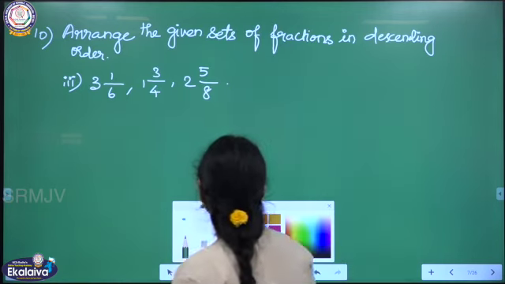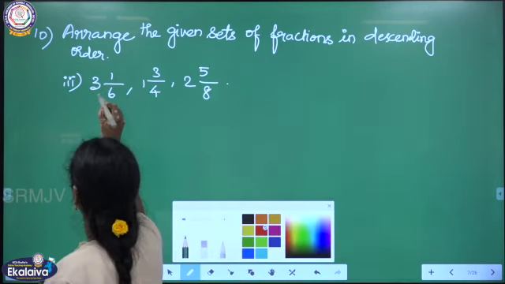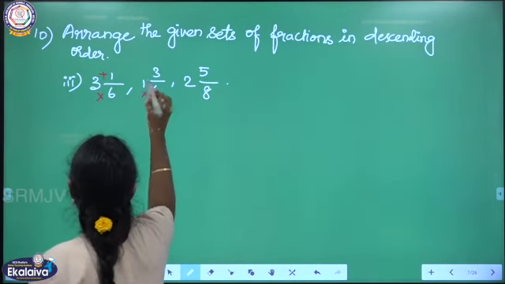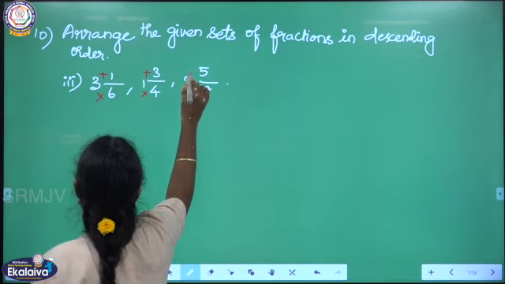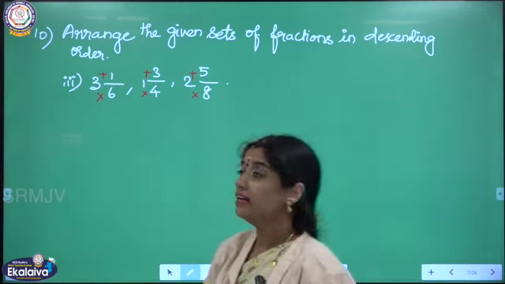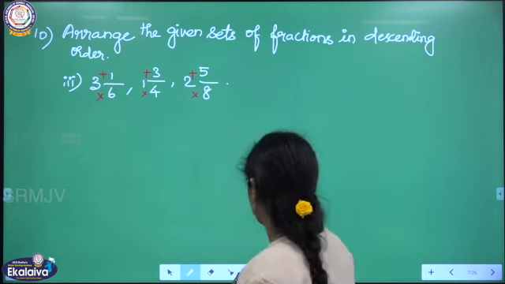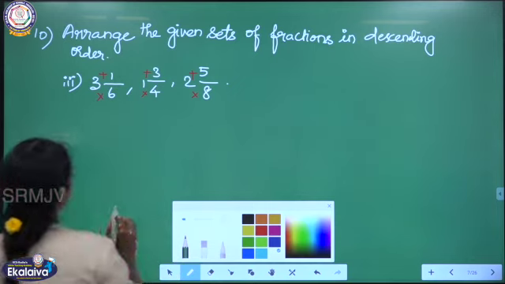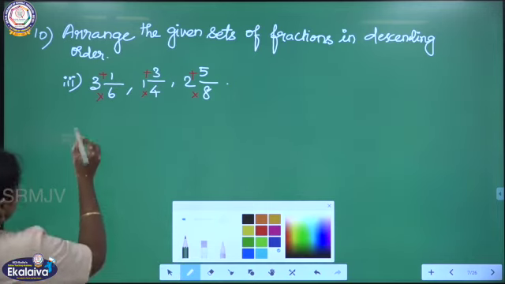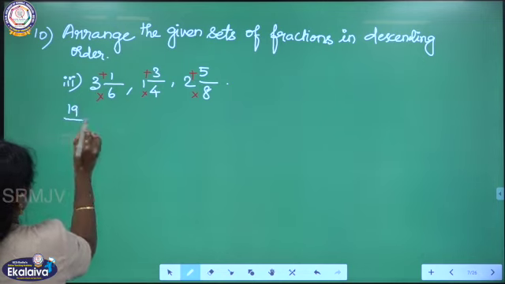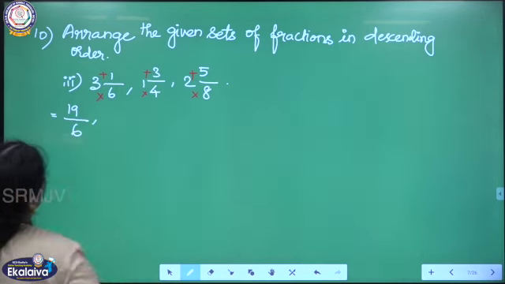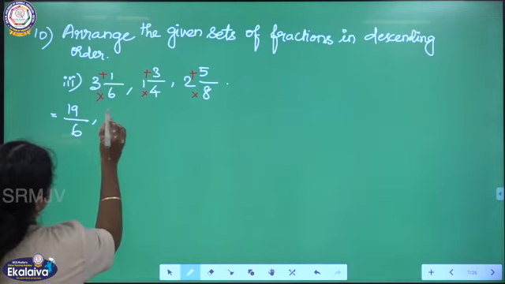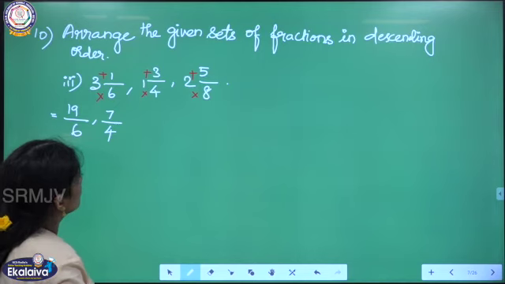Here, change the mixed into improper. So, into plus, into plus, into plus. Got it, children? Now, listen. 6 3s are 18. 18 plus 1 is 19 by 6. 4 1s are 4. 4 plus 3 is 7 by 4.